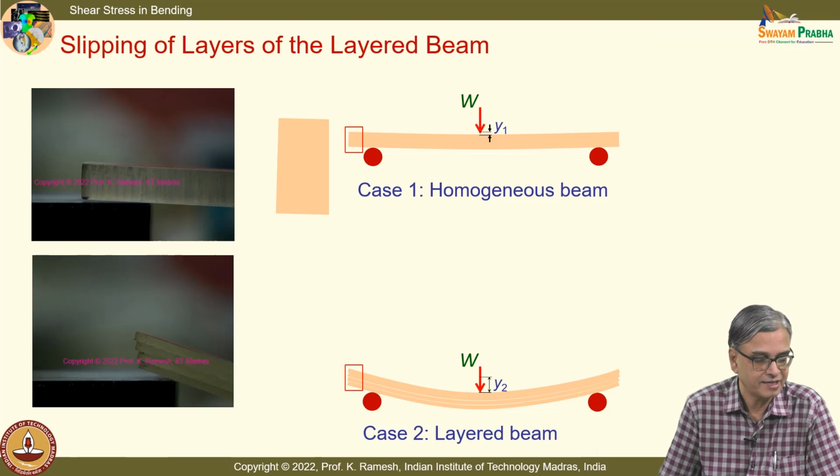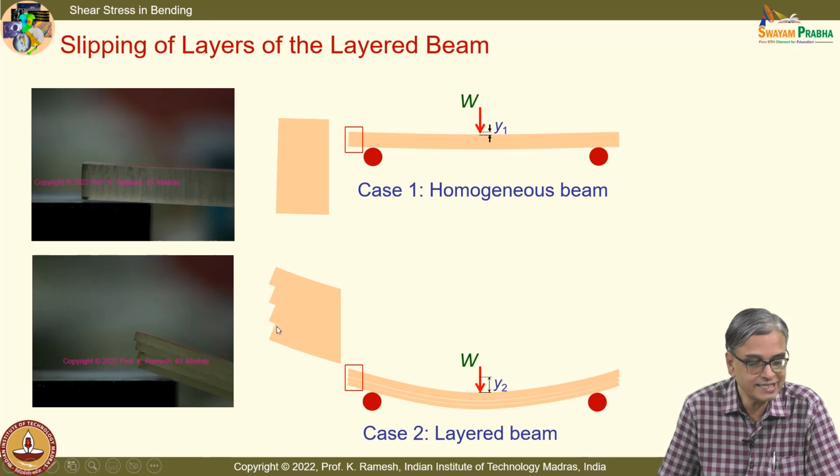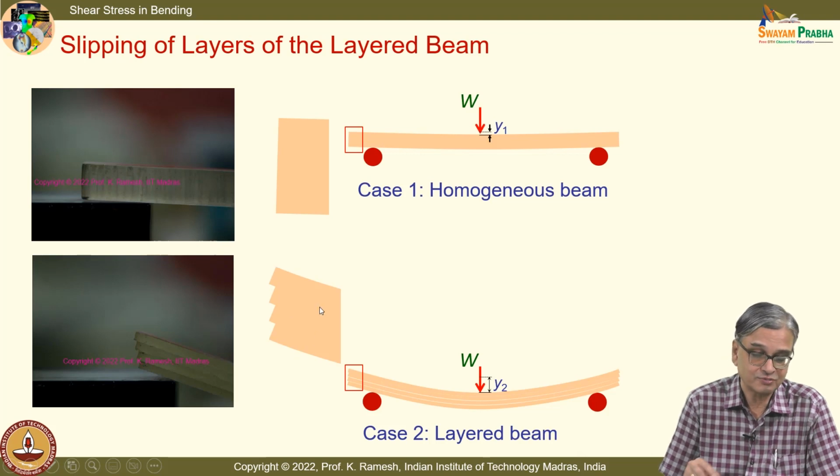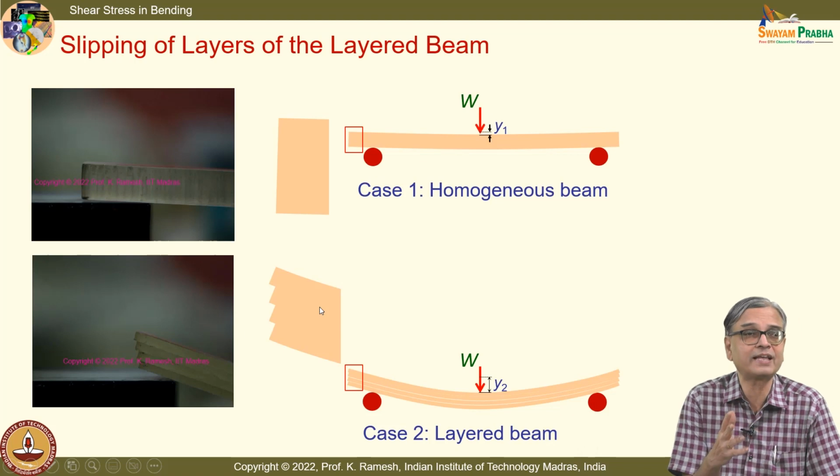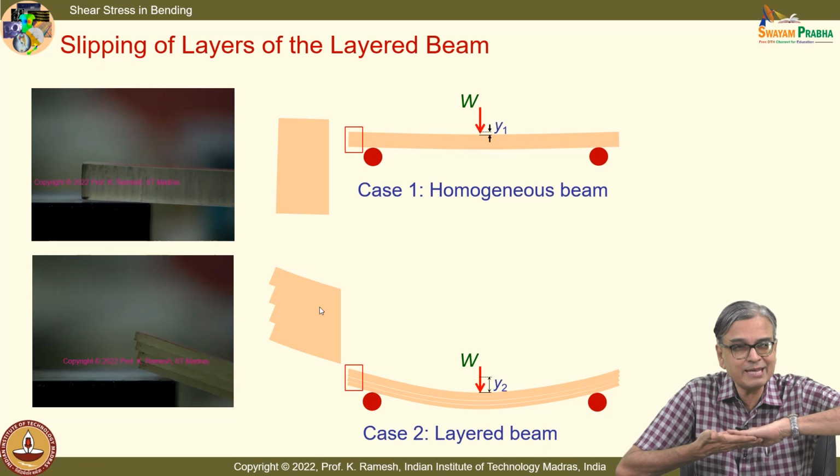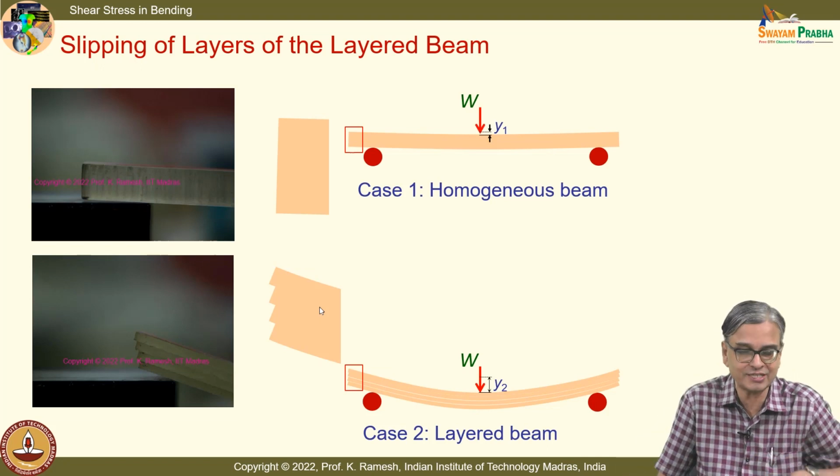Okay. And what you have is, these layers have slipped to different extent. That is why you see this as a edge like this. So conversely, what we can understand is, something was there to keep them together in the homogeneous beam.